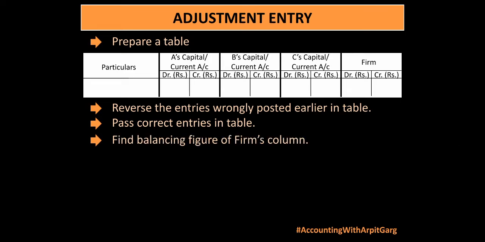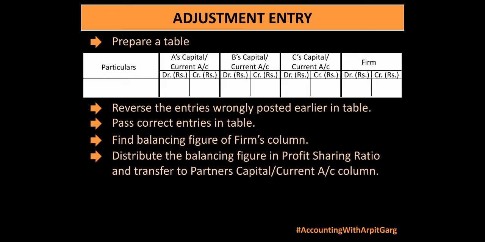In the firm's column, while doing the question, I will tell you how entries will come. Then we will find those amounts which are to be given to partners. For that, the balancing figure will be distributed in profit sharing ratio and transferred to partners' capital or current account.